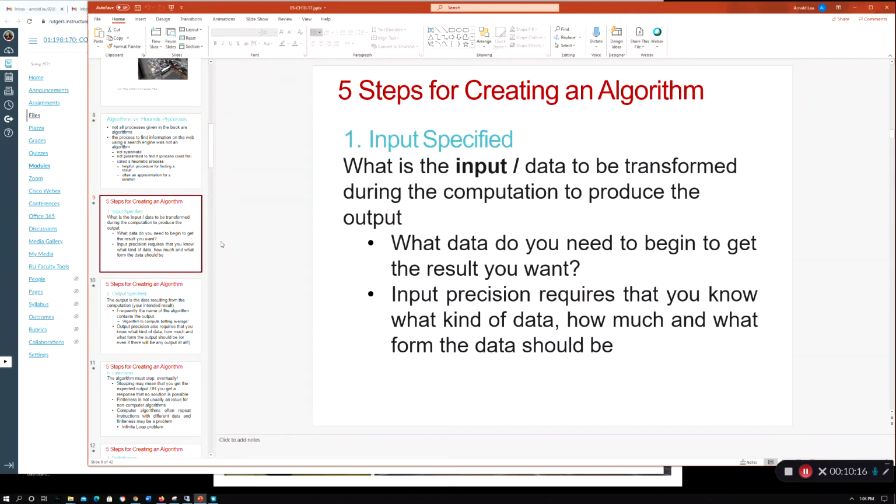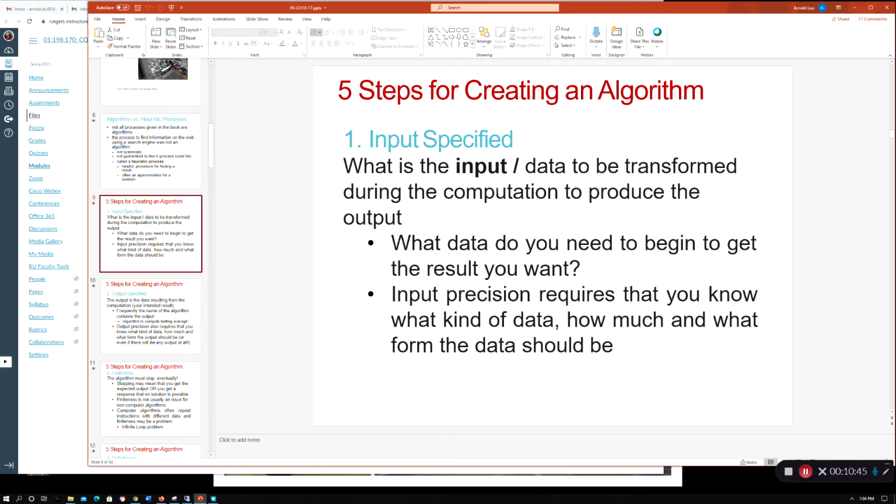So what are we looking at when we talk about algorithms? Well, you have to have some input. Going back to last week when we talked about the fetch-execute cycle for a computer, it's going to act on something. It needs some input to do something. It has to go and get something from those memory locations, if you remember that.